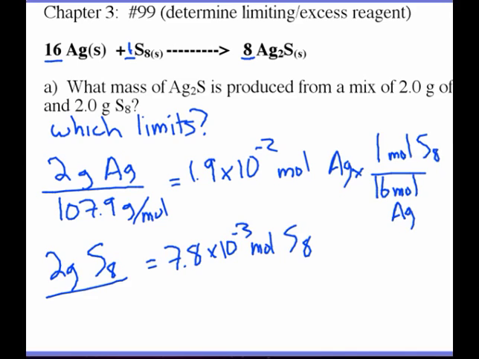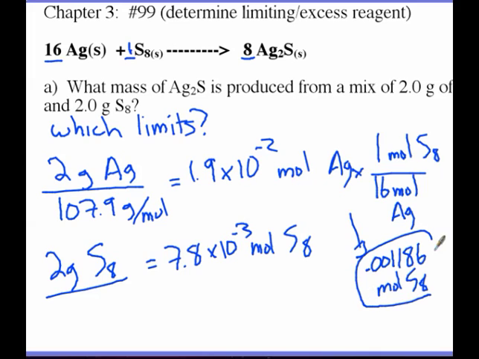So once we do that, 1.9 times 10 to the negative second divided by 16, we end up with 0.001186 moles of S8. Okay, all it tells me is that if I'm going to react with all of this silver, the 1.9 times 10 to the negative second, I'm going to need this much S8.